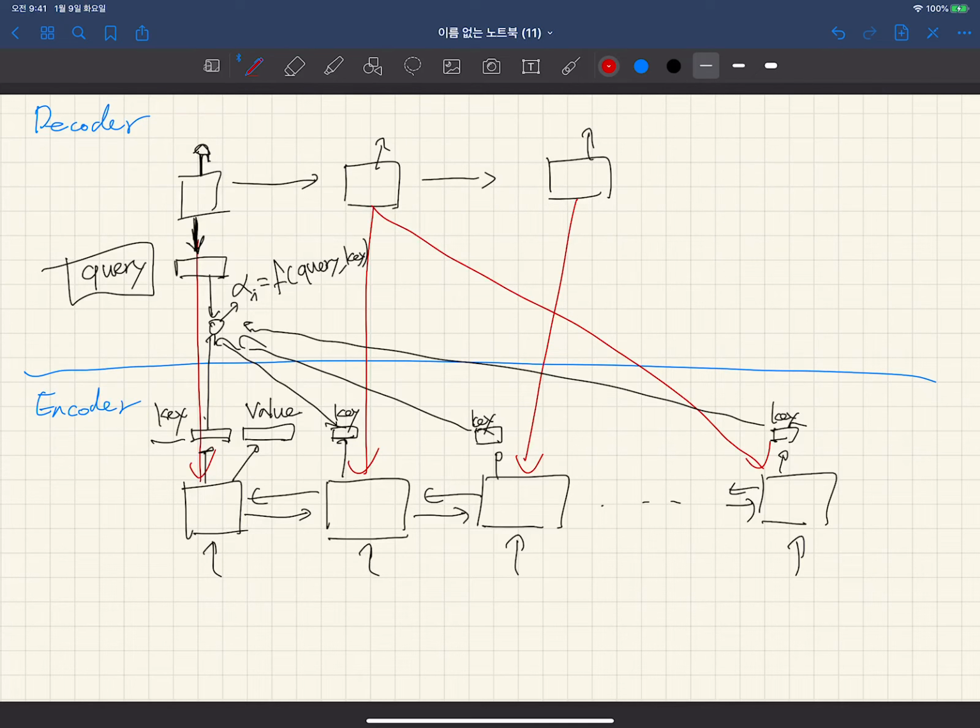So this similarity alpha i basically measures the importance of each input position for making the current output French word.